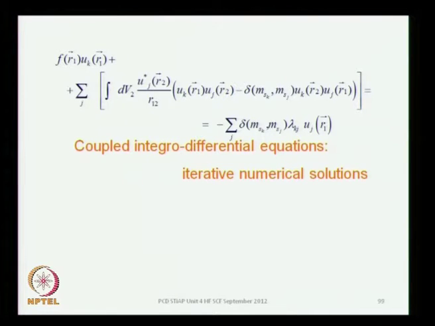You can see the integration which is involved. There is differentiation also involved because the operator f includes the kinetic energy term, right, which has got the differential operator. So, these are coupled integral differential equations, and you can solve them iteratively using numerical methods.